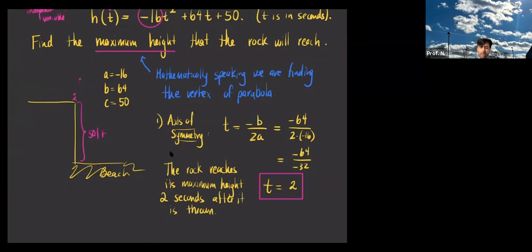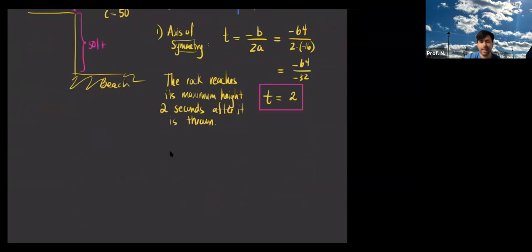So then, how do we find that maximum? Well, it's like finding the y. This is the x coordinate of my vertex. I want to find the y coordinate, the maximum height. So I need to plug in the point where it is the maximum height, which is after 2 seconds.